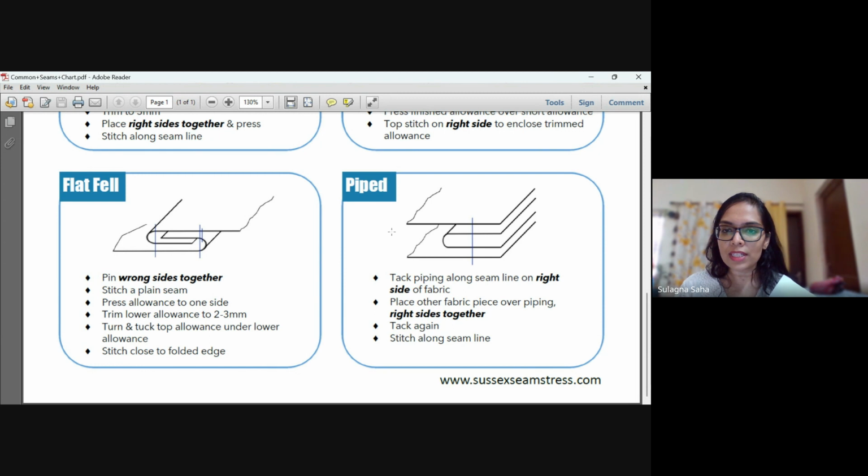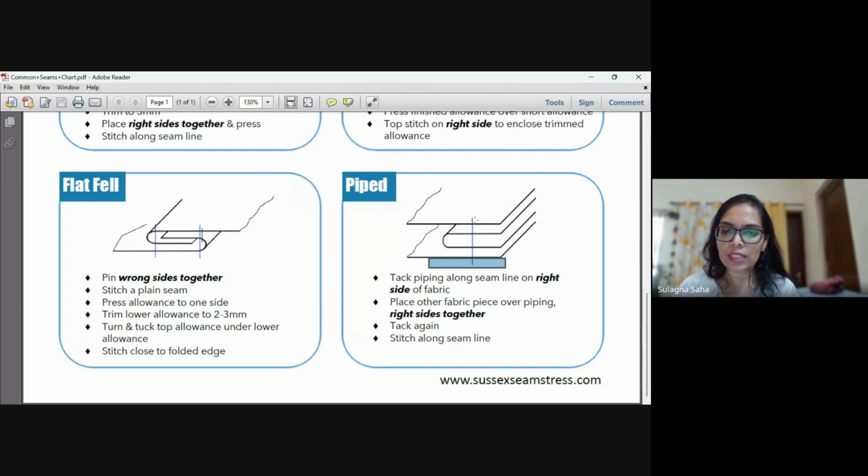So if you can see in this image, ऊपर एक पीस है, नीचे एक पीस है, and then another fabric is turned like this, okay, and we stitch it. This will create a piping in the seam. जब it will open up on the right side, you will have a small piping. You can also insert a cord here that will give you a corded piping.